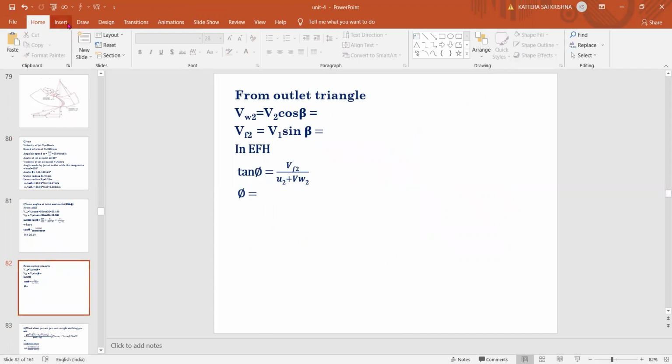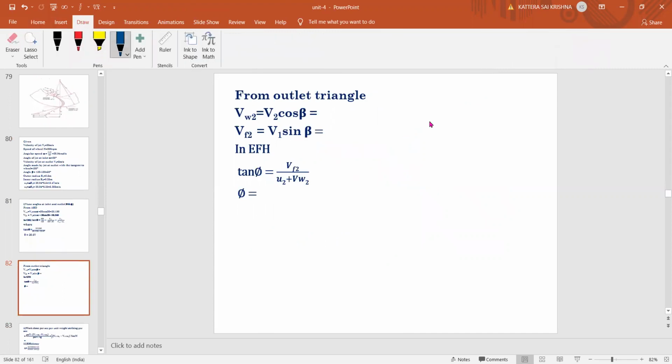Okay, once again, roughly I will show here. So at outlet, we have something like this. This is V2, which is given in the problem. This is VF2, and this length is VW2, and this angle is beta.